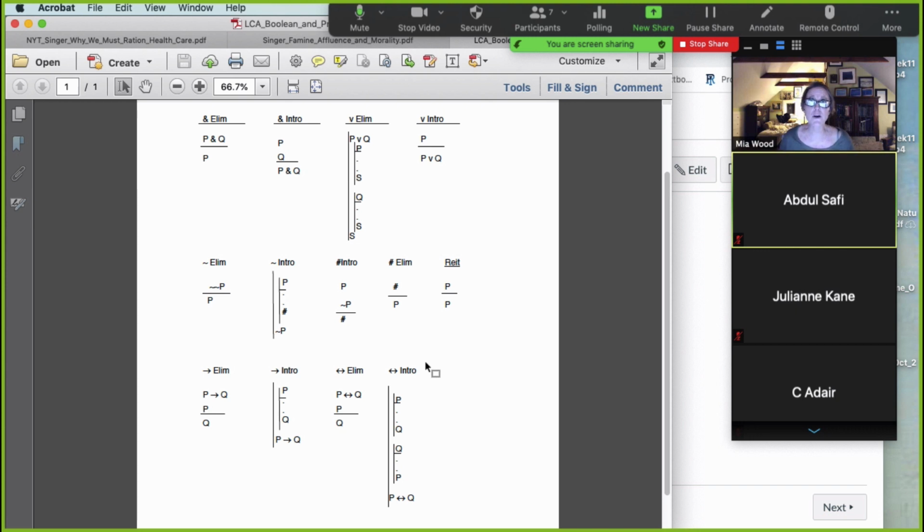You're going to get out of that subproof by way of one of these, the nested subproof, by way of one of these rules. So, depending on what you're given, you might end up with two conditional intro rules, one that structures the whole thing and one that's a nested subproof.